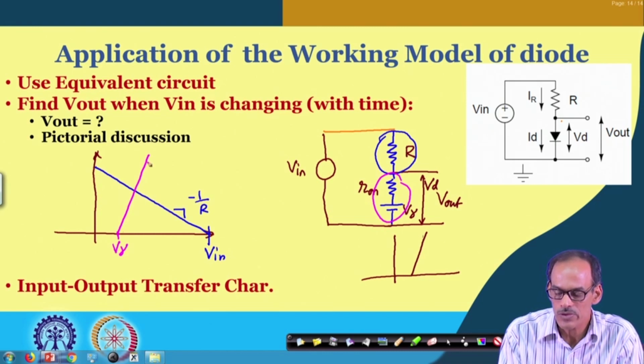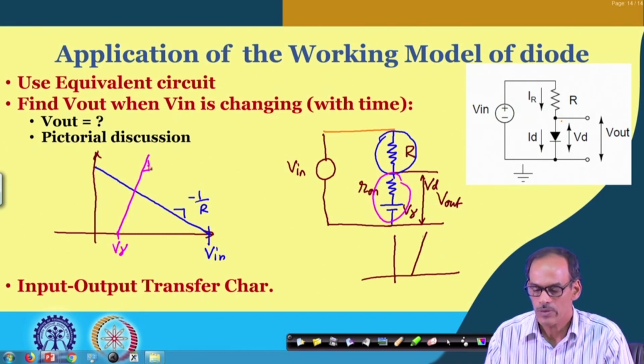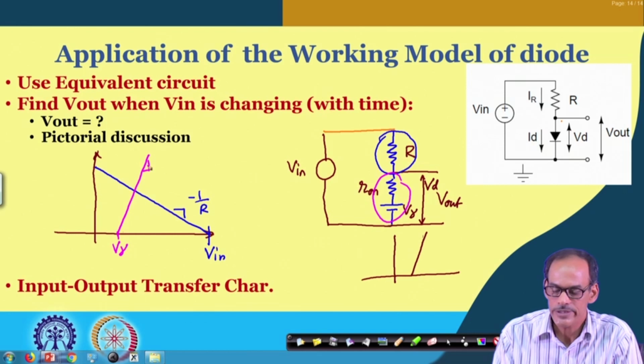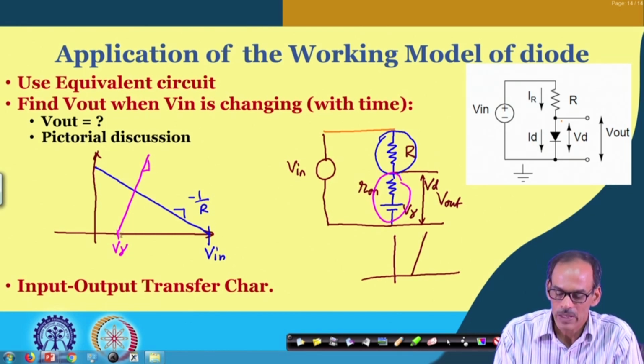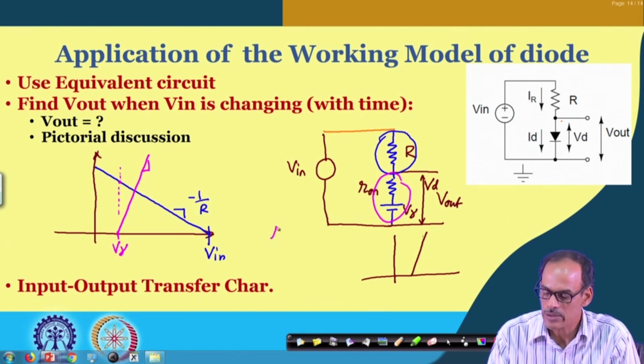Now, if I know this slope then it will be well and good, but in case you do not know, you can assume that this is V gamma and then find the corresponding current here, and from that ID current you can calculate this R on, whatever current you get here, I R divided by V t inverse.